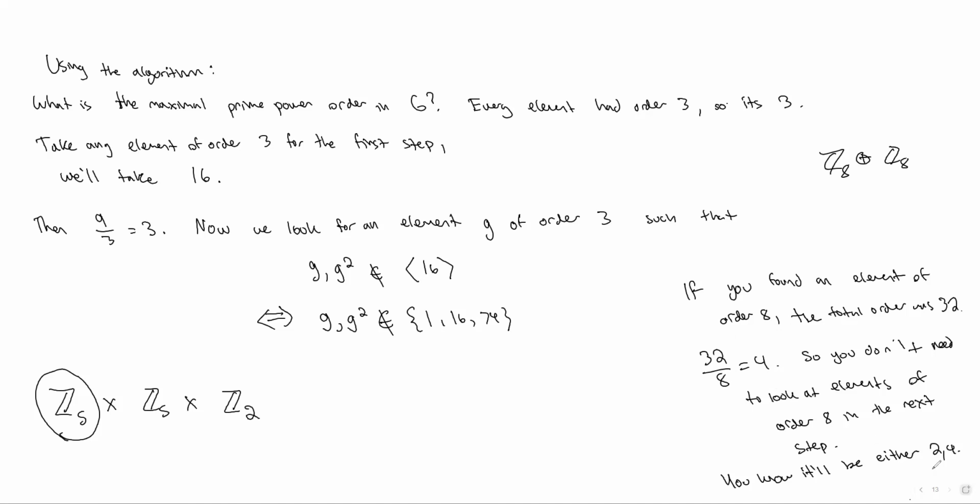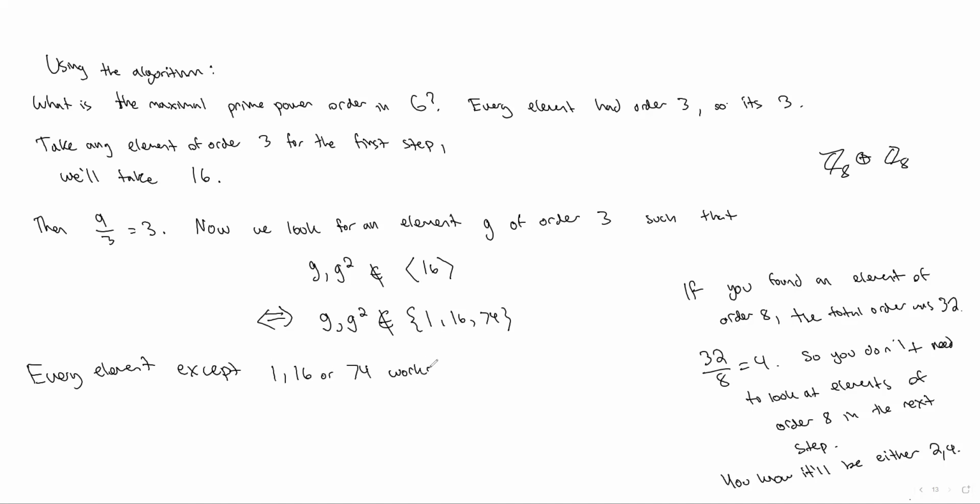It's just for efficiency. Oh yeah, so we're looking for an element such that G and G squared are both not 1, 16, 74. Every element except 1, 16, and 74 works, because all our elements have order 3, and when you take it or its square, it doesn't end up in the set.